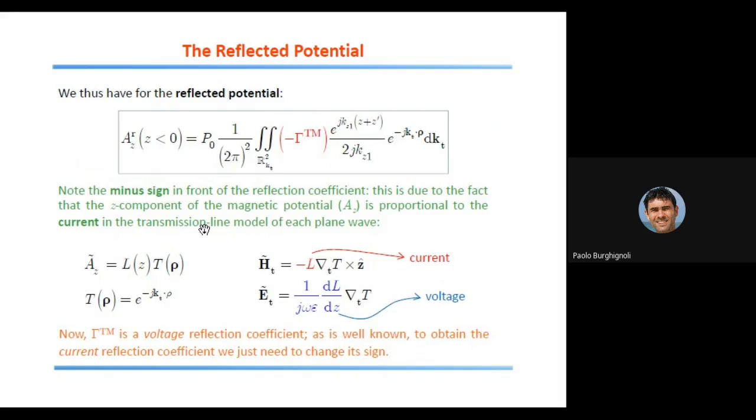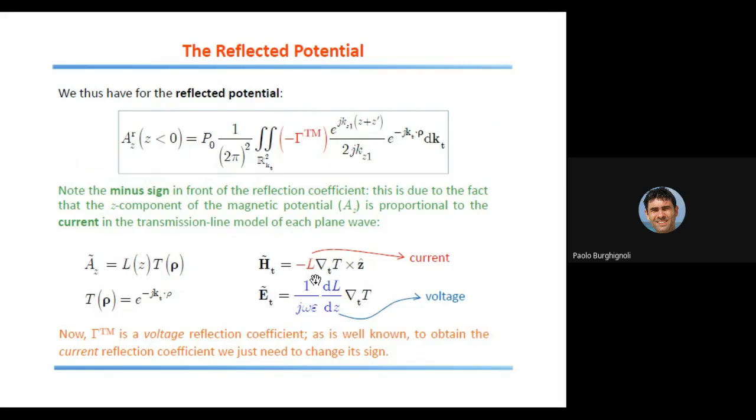In fact, for each plane wave, we can represent the z component of the magnetic potential AZ in a factorized form, that is a longitudinal function L of z times a transverse function t, which depends on the transverse position vector rho. And the latter in particular is simply the transverse exponential of any plane wave. Well, it is possible to represent the transverse fields Ht and Et in terms of the potential, as you can see here.